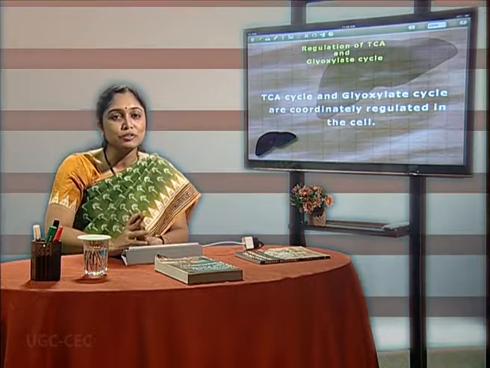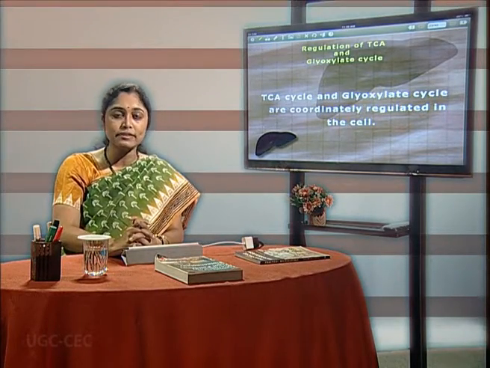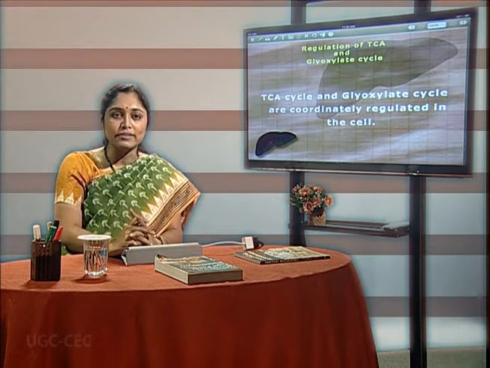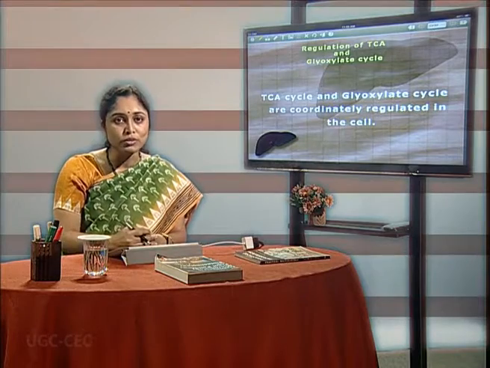Vertebrates don't have these two enzymes, isocitrate lyase and malate synthase, so they are unable to convert acetate into glucose or carbohydrates. The TCA cycle and glyoxylate cycle are tightly regulated in each cell.